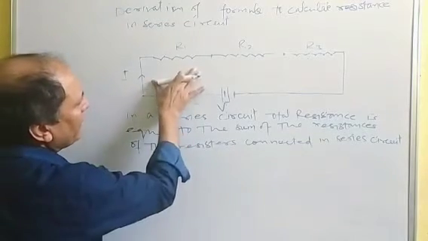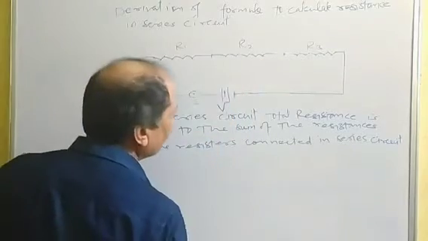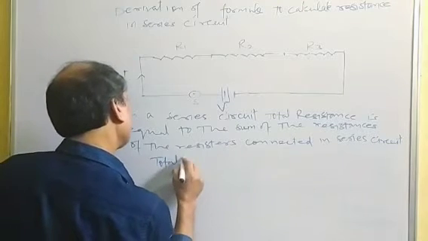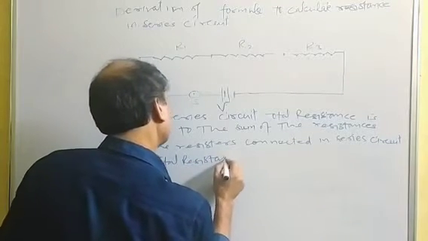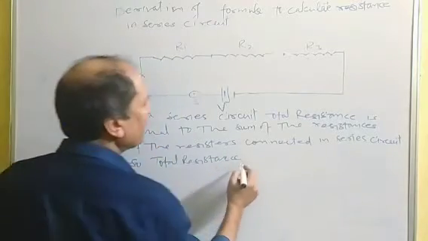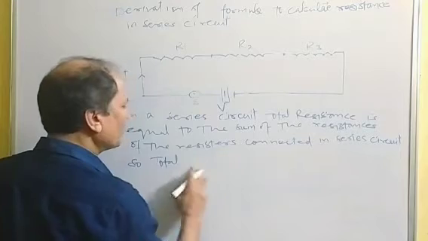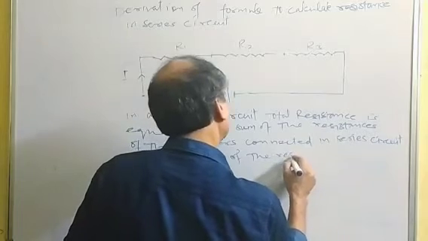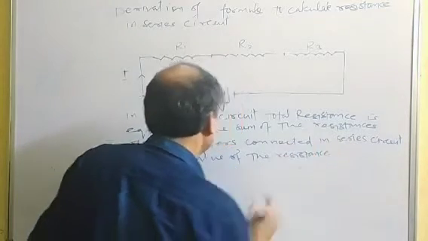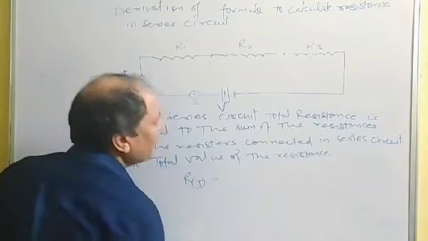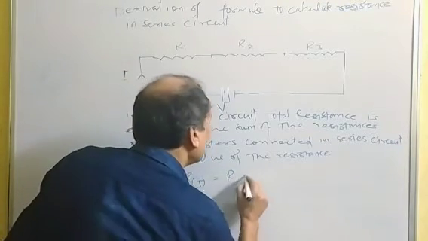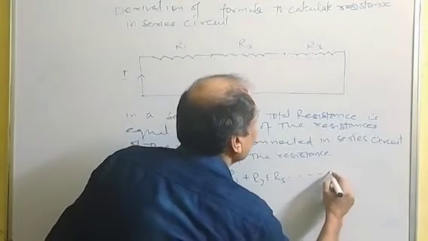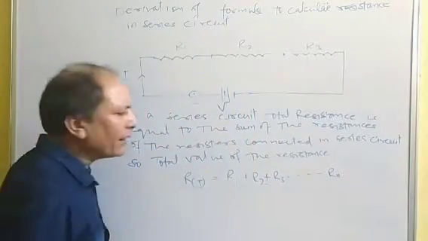If in a circuit there are three resistors R1, R2, R3, etc., then the total value of the resistance is equal to the resistance of the first resistor plus the resistance of the second resistor plus the resistance of the third resistor, up to Rn, however many resistors are connected.